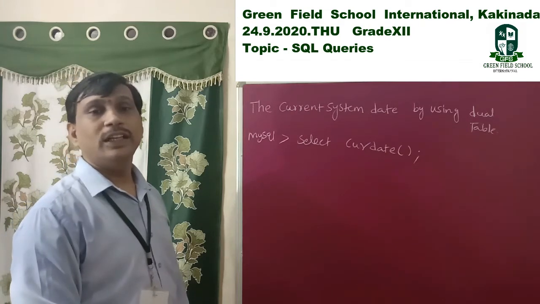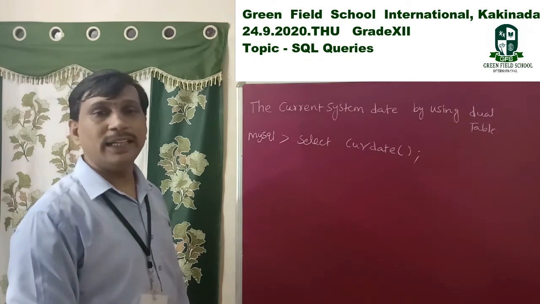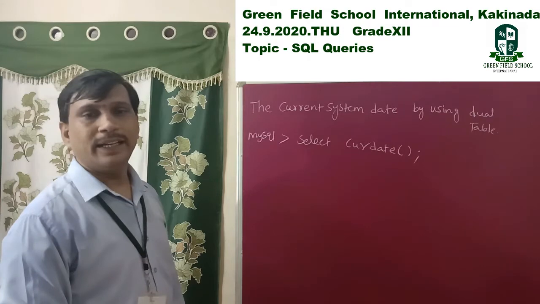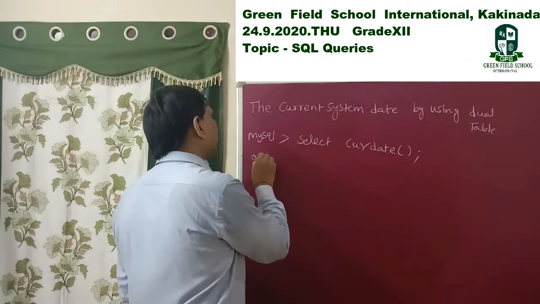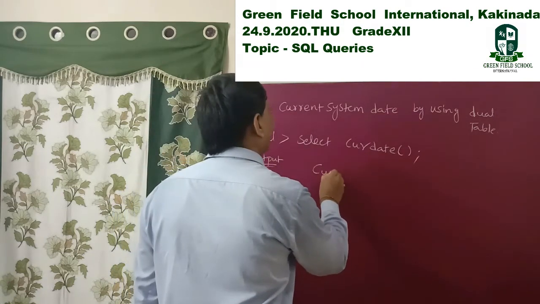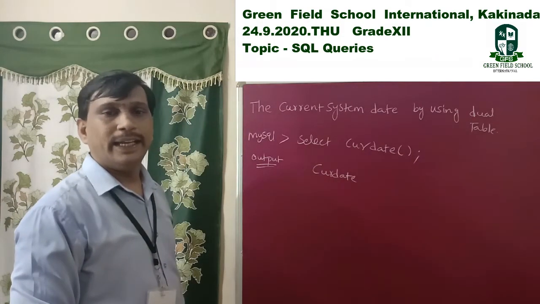Here we specify CURDATE, the current system date. It displays the current system date. SELECT CURDATE: after SELECT, it displays the output.